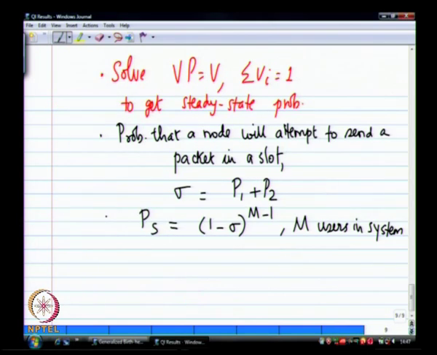We said V1 and V2 and I said P1 and P2, that is what happened. I referred to my book. So technically this is V1 and V2, the probability of being in state 1 or state 2. So now I have PS equals this.